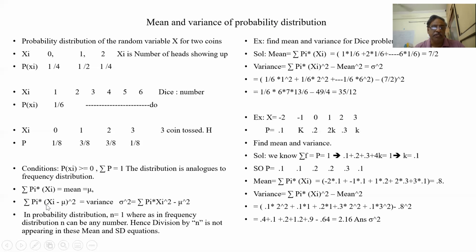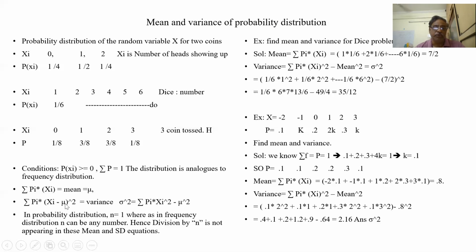So frequency into mod of xi minus mu whole square, sigma, divided by sigma pi. Sigma pi is again 1. So this can be written in another form. Sigma square is sigma pi xi square minus mu square. Because we have done this earlier, you will get xi square plus mu square minus 2 mu xi, which gives xi square minus mu square.